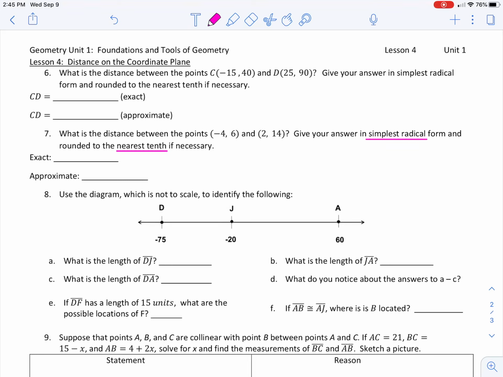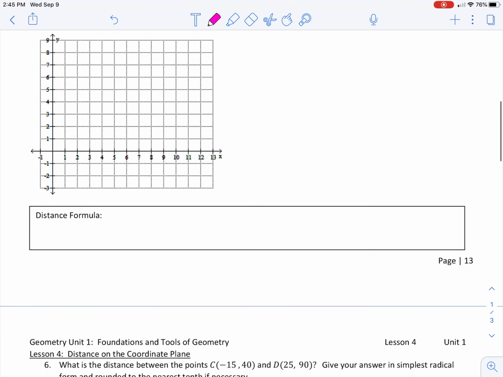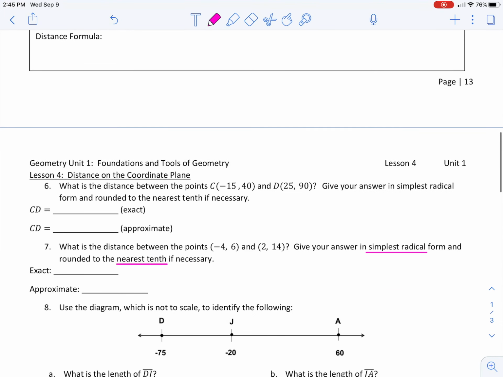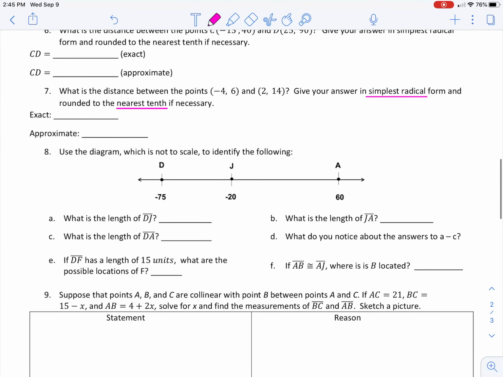So, yes, you can put this on the coordinate grid like we did in number 5, but we want to use the actual distance formula. So I'm going to go ahead and write that out again. The distance formula is distance is equal to the square root, and oh my goodness, what just happened?